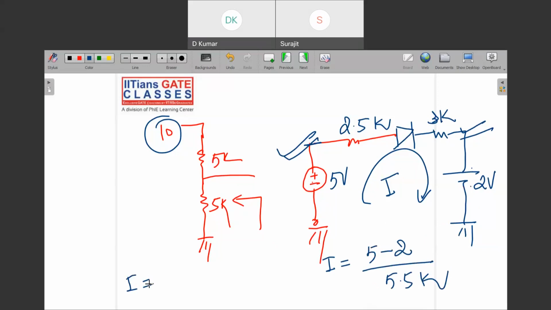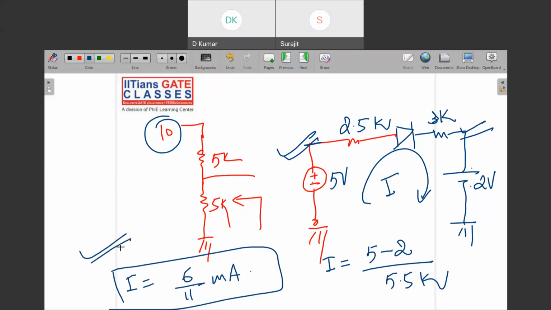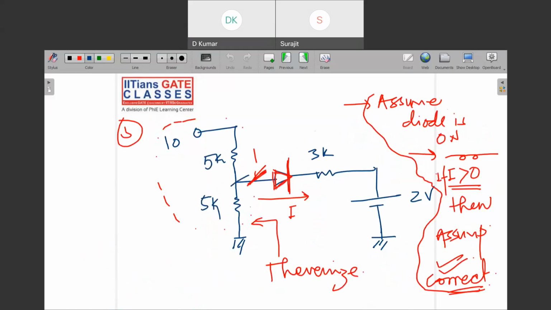I will be 6 by 11 milliampere, right? Yes, sir. See, I'm solving this question in one line. But most students will solve the question by applying KCL. They will consider Vx here, then apply KCL.